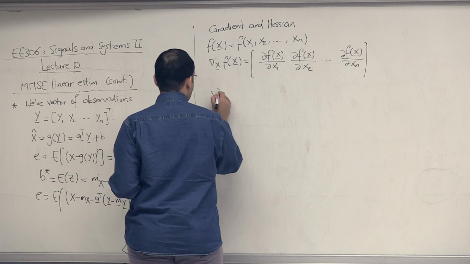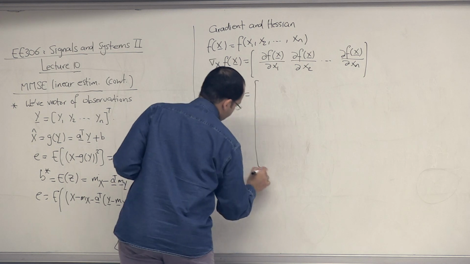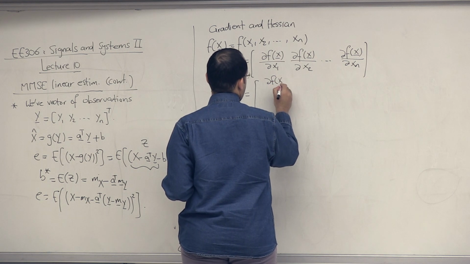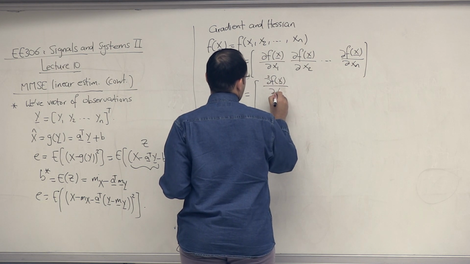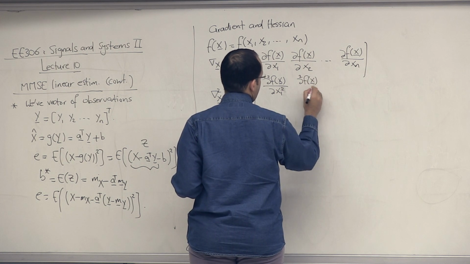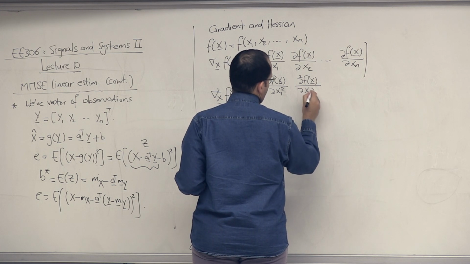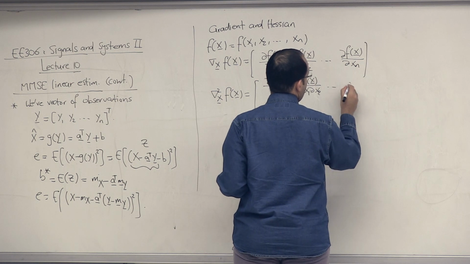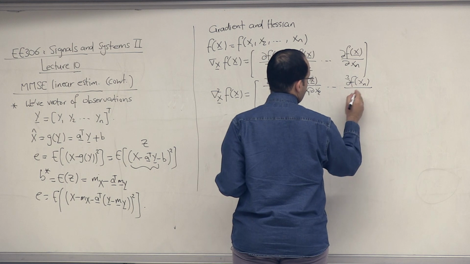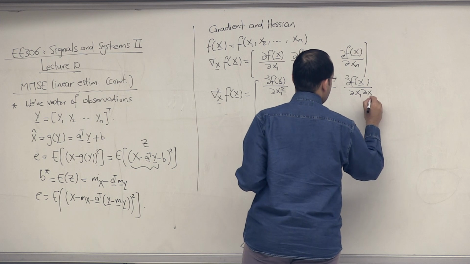And the Hessian of this f(x), I'm going to write it in a format that differs from what you have in your notes. Partial squared f by partial x1 squared, partial squared f by partial x1 partial x2, and so on up to partial squared f by partial x1 partial xn.